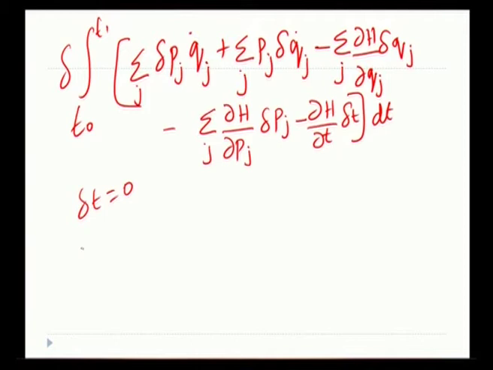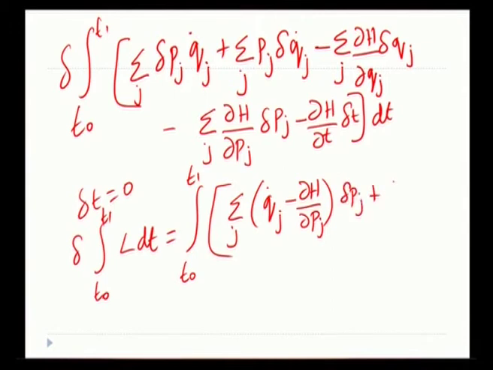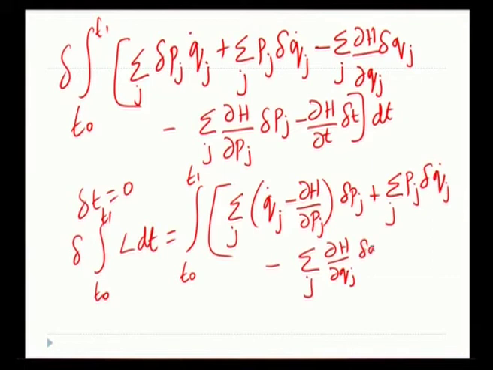So, this equation becomes del of integration between t0 to t1 into L dt is equal to integration between t0 to t1 of summation over j into q dot j minus dou h by dou pj into del pj, plus summation over j into pj into del q dot j, minus summation over j into dou h by dou qj into del qj into dt. So, keep this as equation 5.